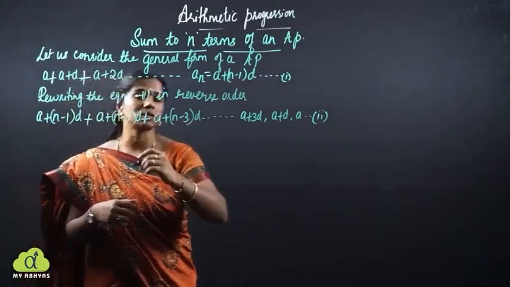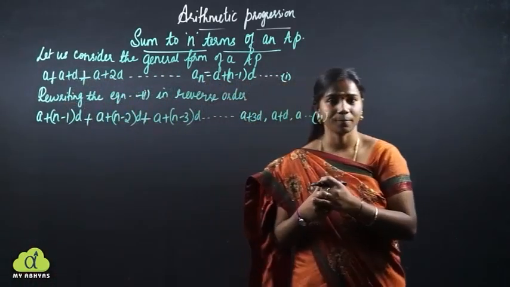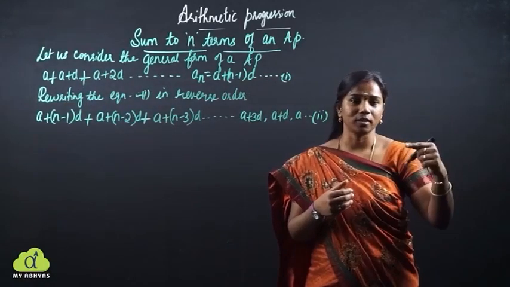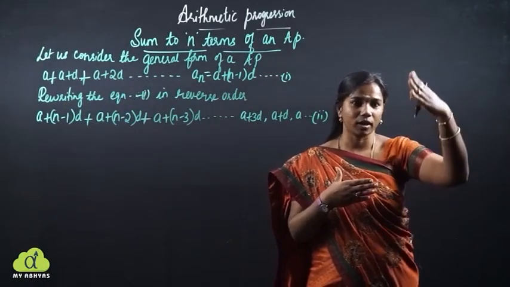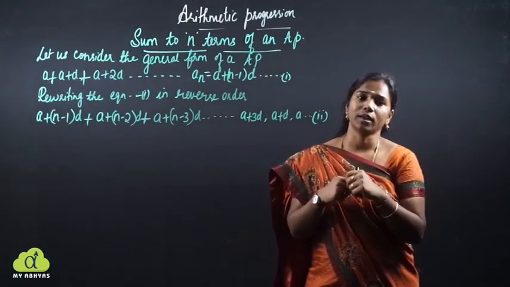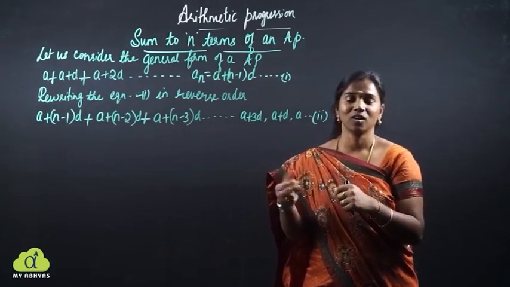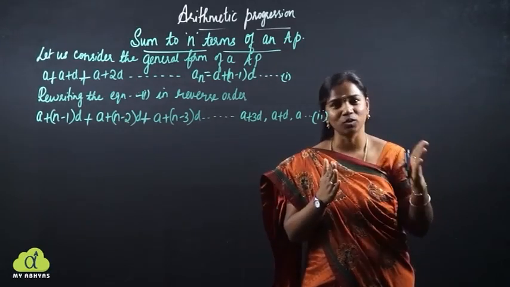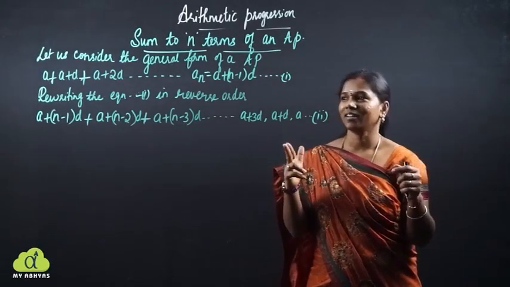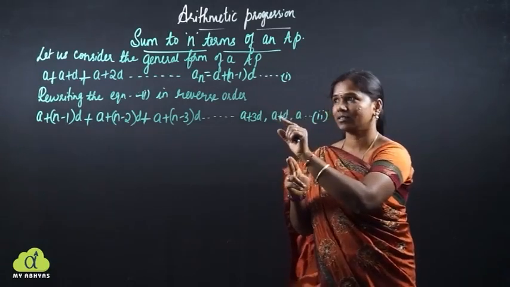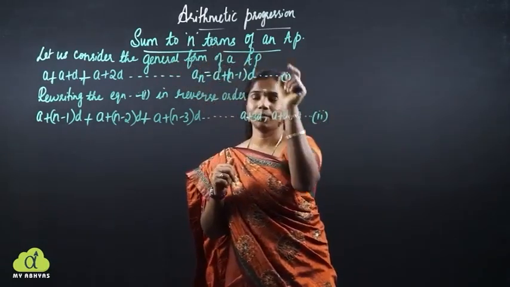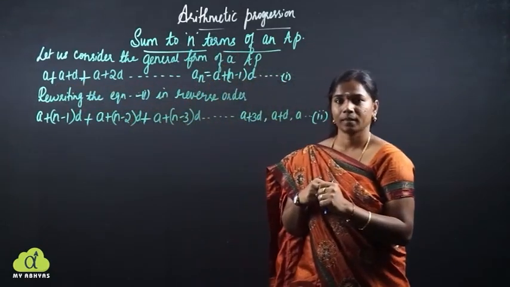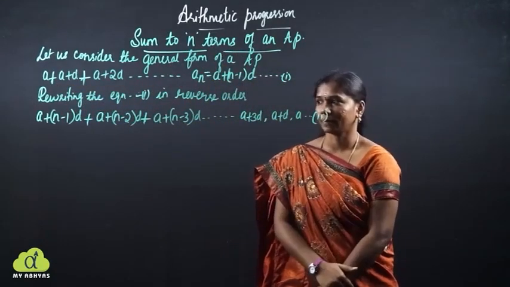Number of terms joined together. Have you heard of serial lights? The lights are arranged in some particular order, joined together. That is called series or serial. Film serials are very lengthy, it goes on. Like that only here, arithmetic series means sum to n terms of an AP. We have used a plus sign in between and we are adding all the terms together.